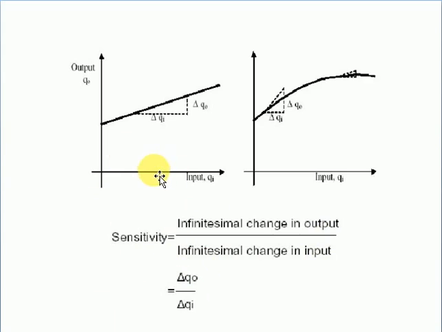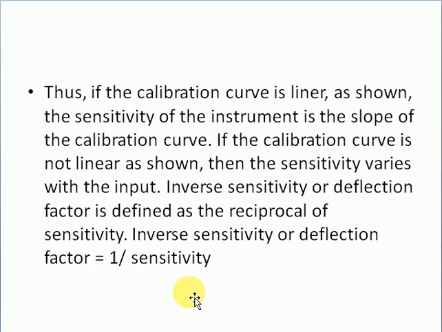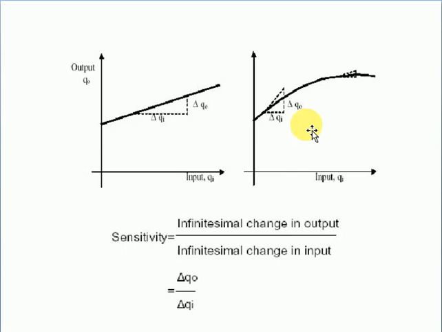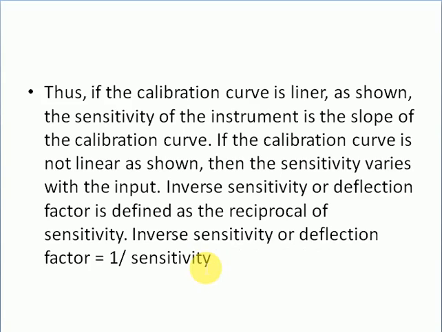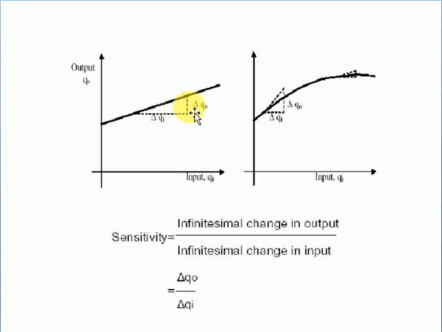And that is the linear input-output curve. That denotes the sensitivity, but if the curve is not actually the same as that, then the sensitivity denotes something different. If the calibration curve is linear, then the sensitivity of the instrument is the slope of the calibration curve.